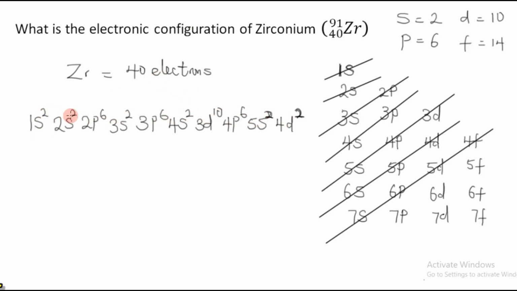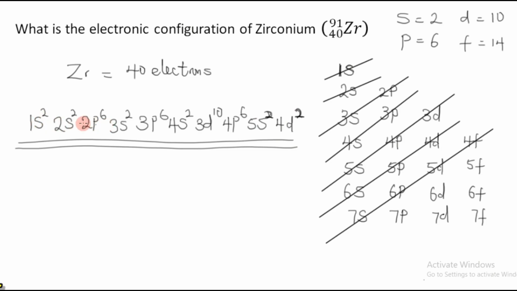Again, 2 plus 2 is 4. 4 plus 6 is 10. 10 plus 2 is 12. 12 plus 6 is 18. 18 plus 2 is 20. 20 plus 10 is 30. 30 plus 6 is 36. 36 plus 2 is 38. 38 plus 2 is what? 40. So this is the electronic configuration of zirconium that is having 40 electrons, right?